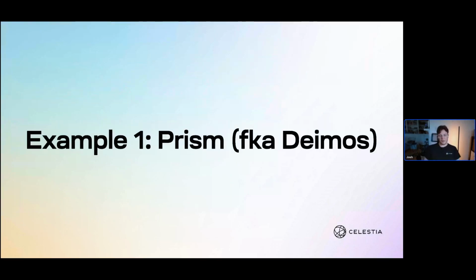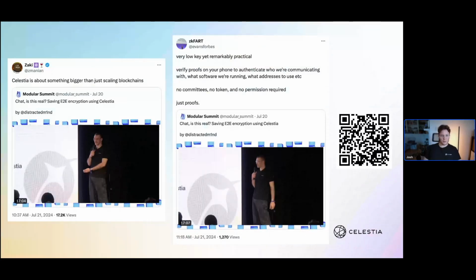So the first example that I have here is something called Prism, formerly known as Dymos. This was introduced at the Modular Summit by Ryan Ford. Two tweets here, and first thing, I'd really recommend watching this talk. This is about end-to-end encryption and solving it using Celestia.